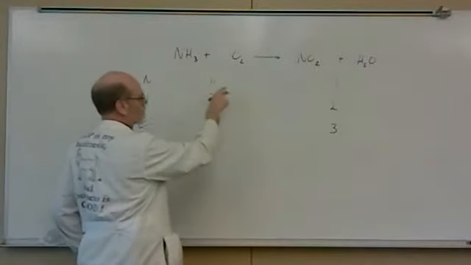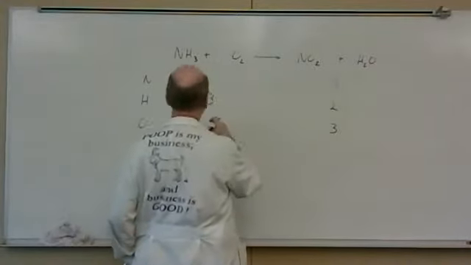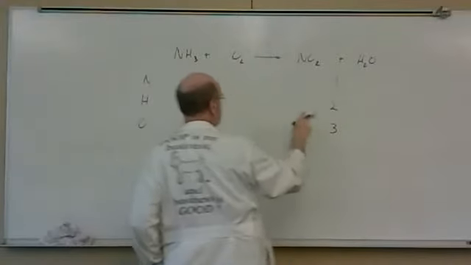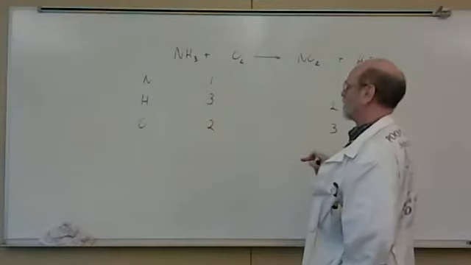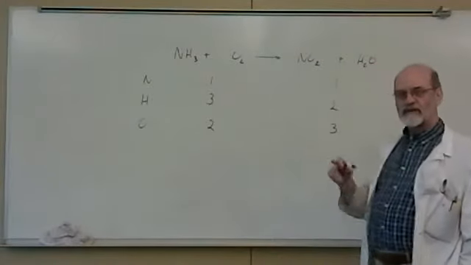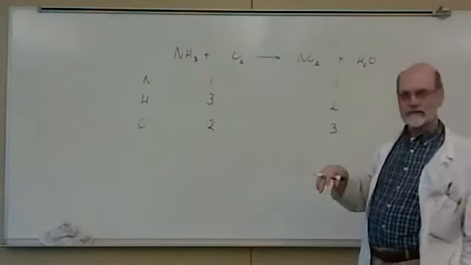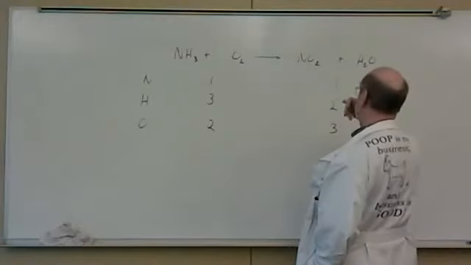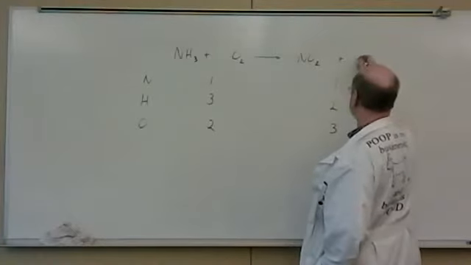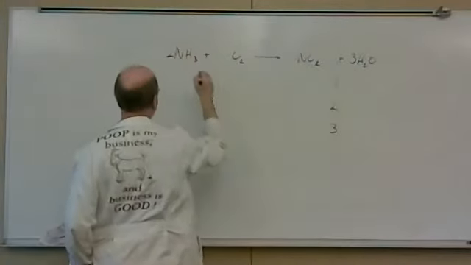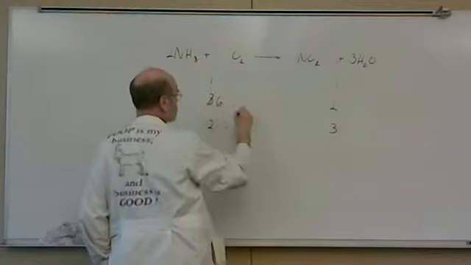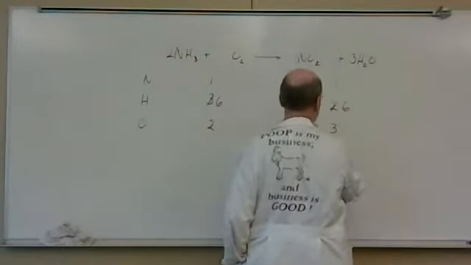So we've got 1 nitrogen, we leave that one alone. 3 hydrogens, 2 hydrogens over here. So the best way to balance an odd and an even is cross multiply. So if we say 3 here and 2 here, that makes 6 hydrogens here and 6 hydrogens there.